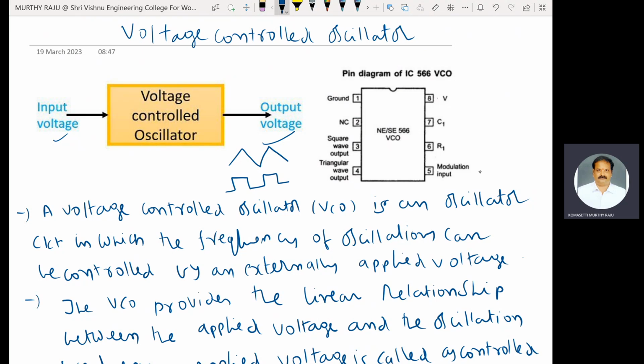The fifth is the modulating input, that is, the control voltage is applied to the fifth pin. Externally applied components are a resistor and a capacitor: R1 is connected to the sixth pin, C1 is connected to the seventh pin, and the DC supply voltage is connected to the eighth pin. Generally, the IC 566 VCO has 8 pins, and these are their functions.